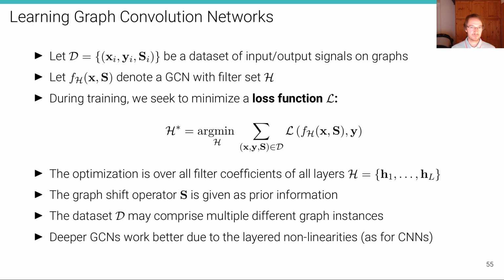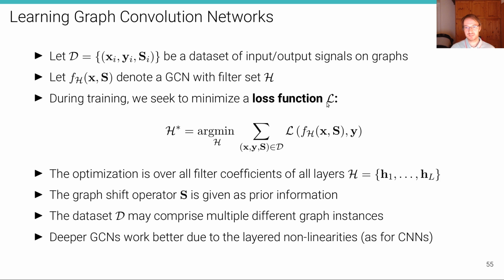Now, learning a graph convolutional network works the same as learning a graph filter. We again have the data set D, where we can have again different graphs for different elements of this data set. And then we have f calligraphic h of x, s, the GCN with filter set h.